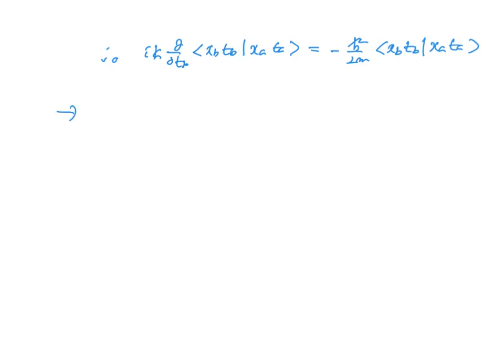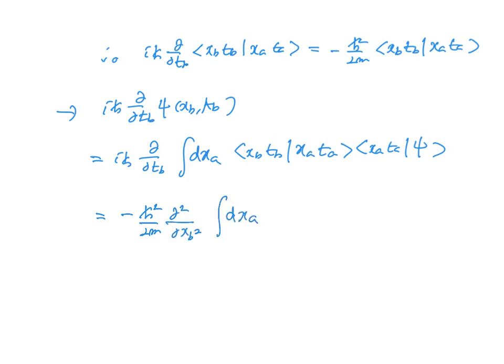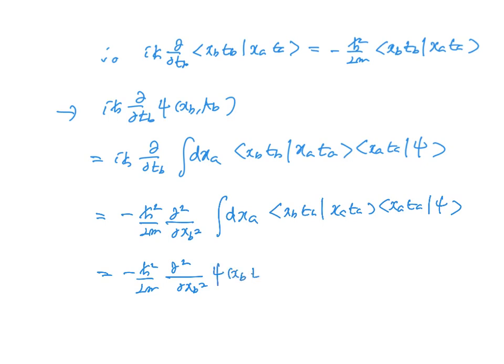So as a result, partial tb of psi xb tb is the same as the integral of partial tb of xb tb xa ta, times xa ta psi, dxa, which is minus h bar squared over 2m partial squared over partial xb squared of the integral of dxa xb tb xa ta xa ta psi, equal to minus h bar squared over 2m partial squared over partial xb squared of psi xb tb.